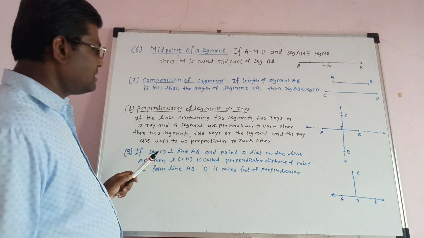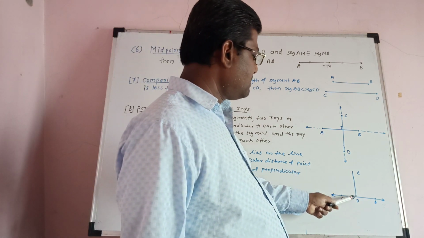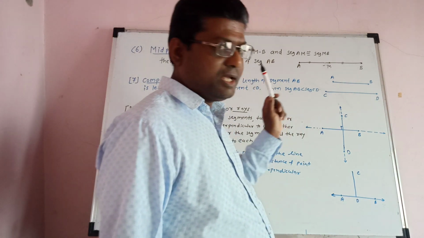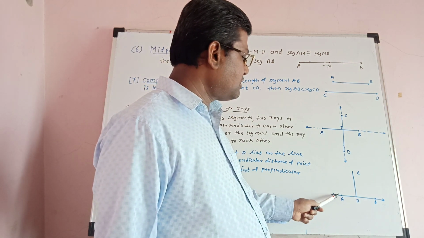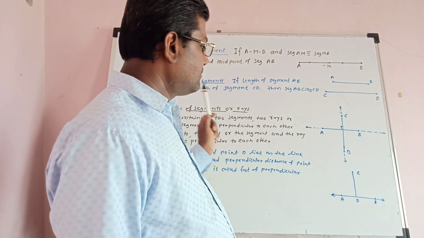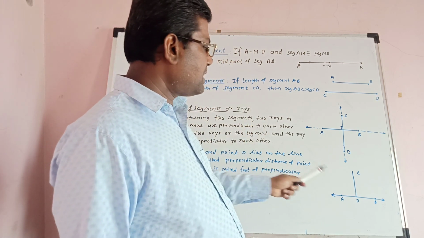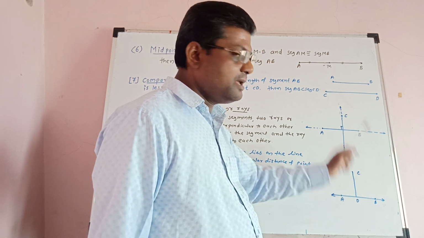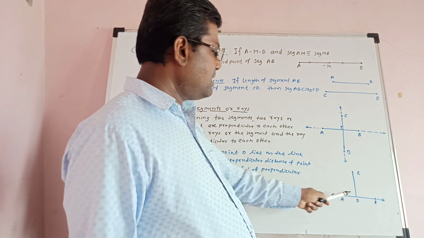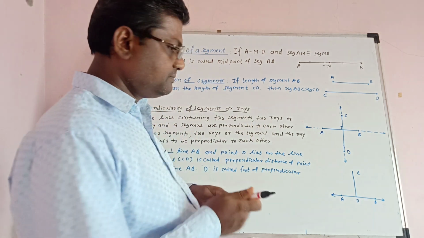And the next property is, if CD is perpendicular to AB and point D lies on AB, then the length CD is called the perpendicular distance of point C from line AB, and point D is called the foot of the perpendicular.